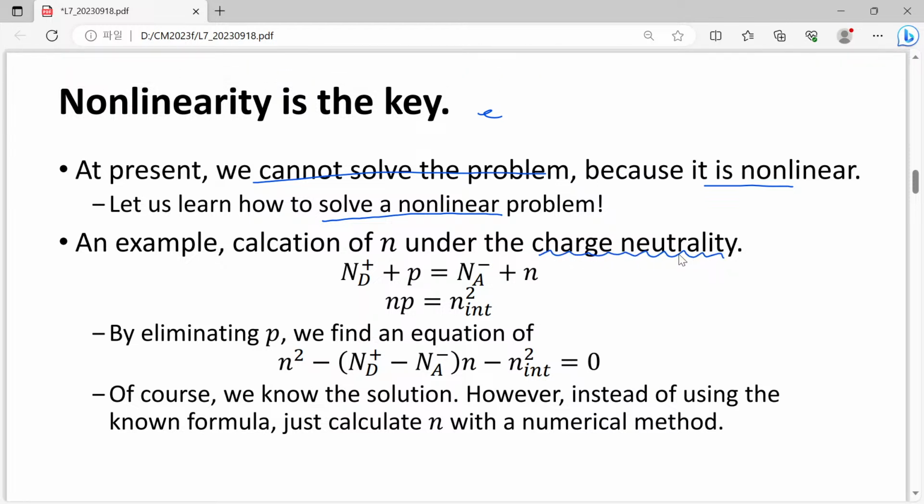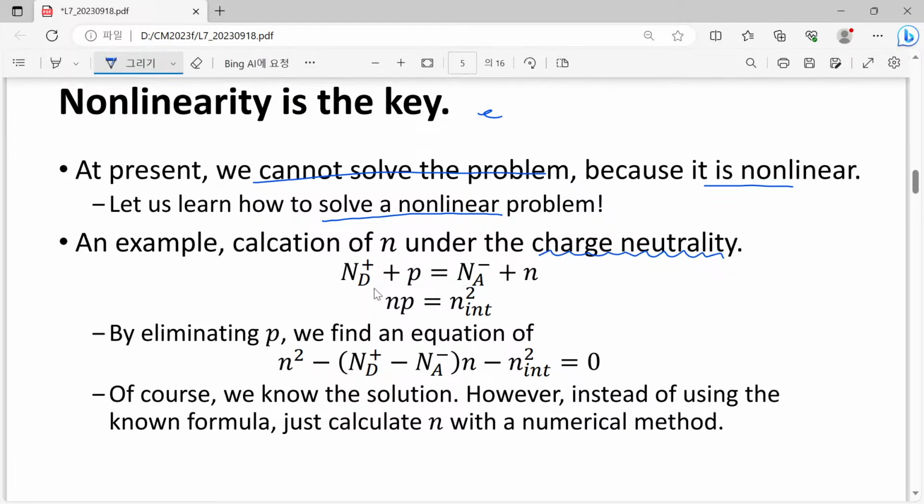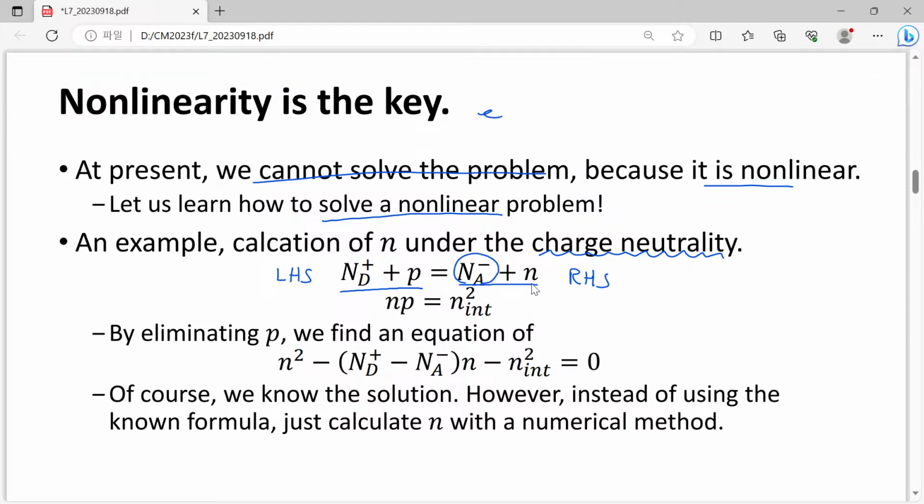So the charge neutrality condition, what was it? Here we have a left hand side term and a right hand side term. The left hand side term describes the number of positively charged particles, and the right hand side term contains negatively charged particles, the negatively charged dopant ion and also the negatively charged electron.